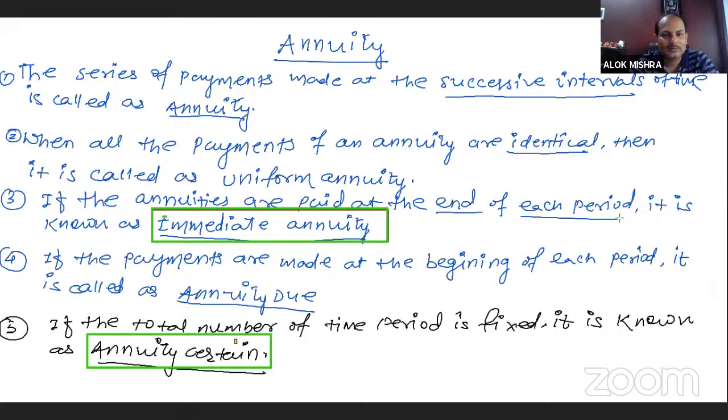There is a formula. How this formula is derived, we will see later. We have derived it from the concept of GP, geometric progression, which you might have done in your previous classes, arithmetic progression, geometric progression. The derivation is not there, but yes, the formula has been derived taking the help of geometric progression.